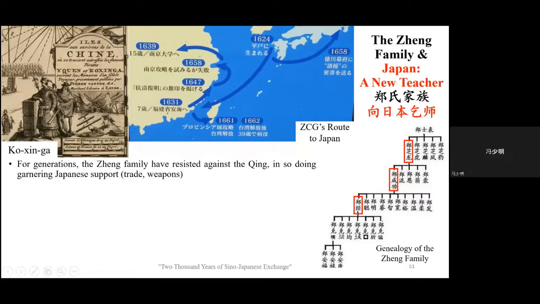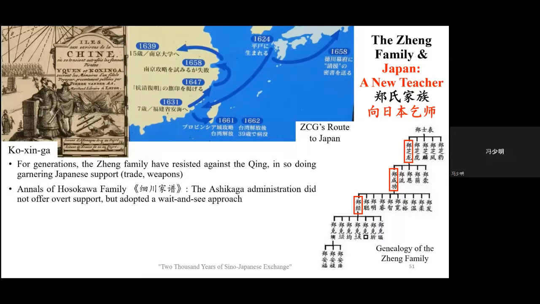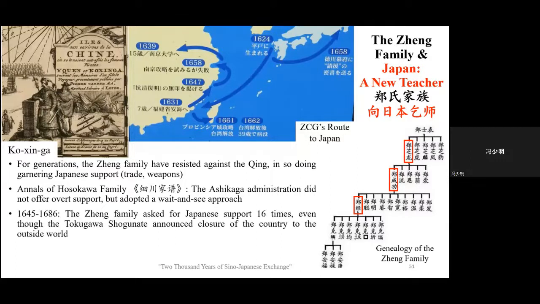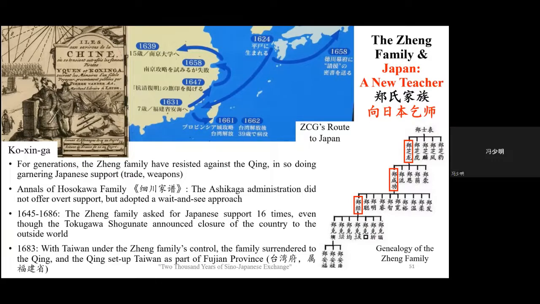Okay, so they used ammunition and tried to get soldiers from Japan, and this is all written in the Hosokawa family records, as much as 16 times, even though the Tokugawa shogunate had already announced the closure of the country. Eventually, in 1683, the Qing defeated the Zheng family and absorbed Taiwan as part of Fujian province.